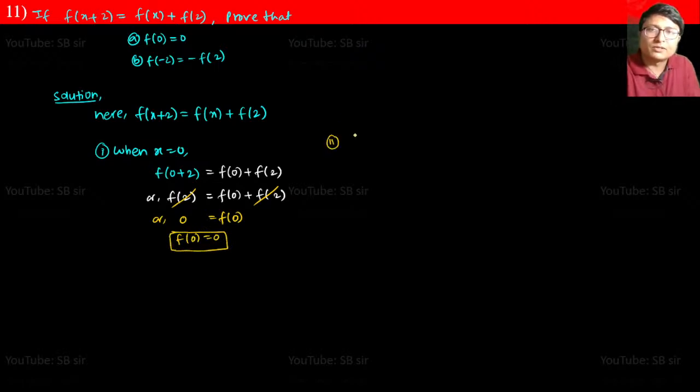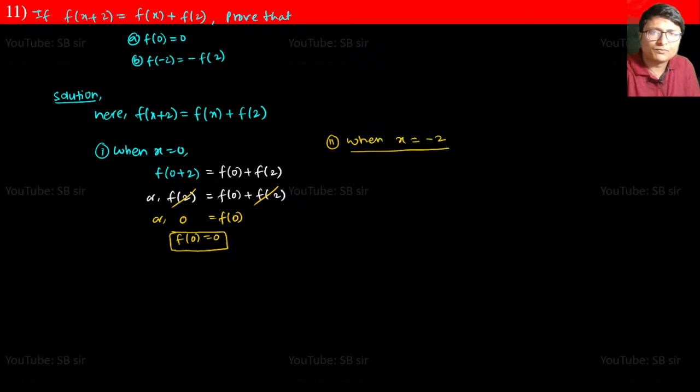Next question, f(-2) = -f(2). How to prove it? To prove this, we have to put x equals minus 2.